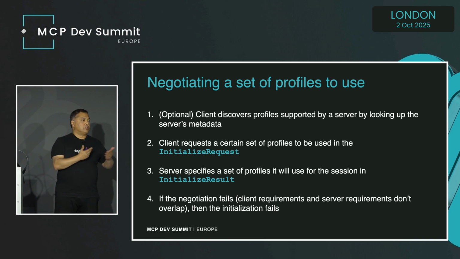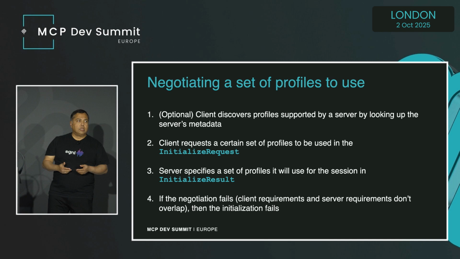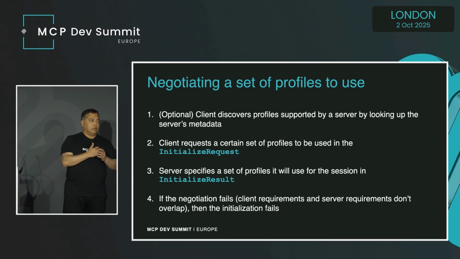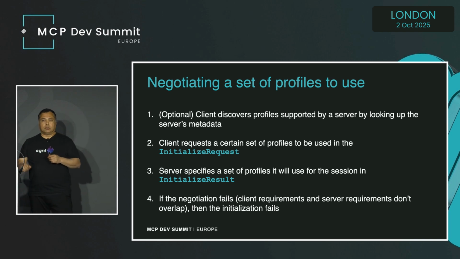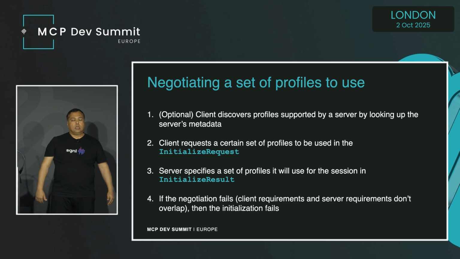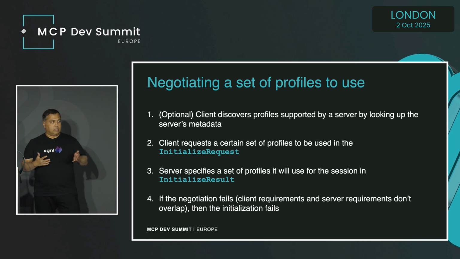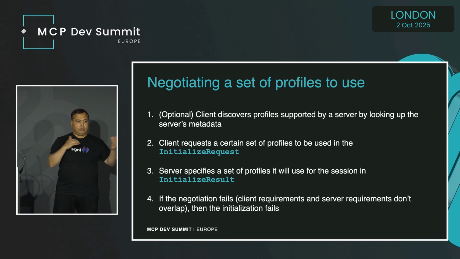Now you know what the server is supporting, so how do you actually negotiate the use of certain profiles? What you do is, in the initialize request of the MCP protocol, you have an additional field called requested profiles. So the client says, hey, I want to use these profiles with you in this session. Now the server will get that list, and they'll say, oh, with this particular client, with this particular user, I can only use these profiles.